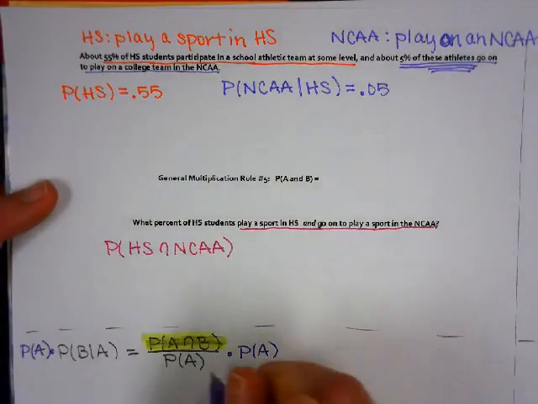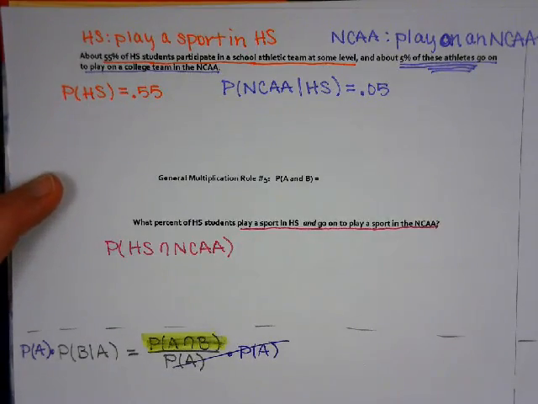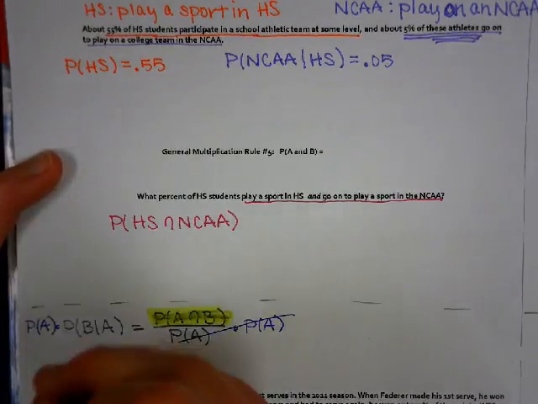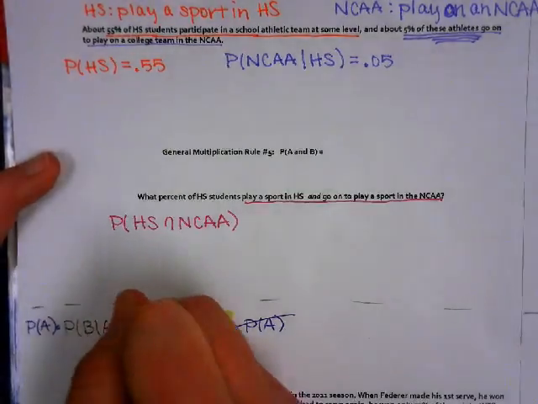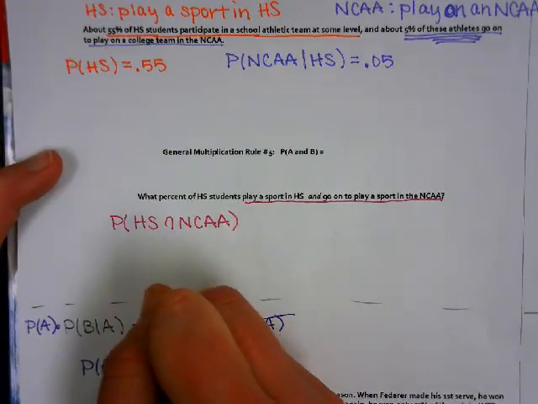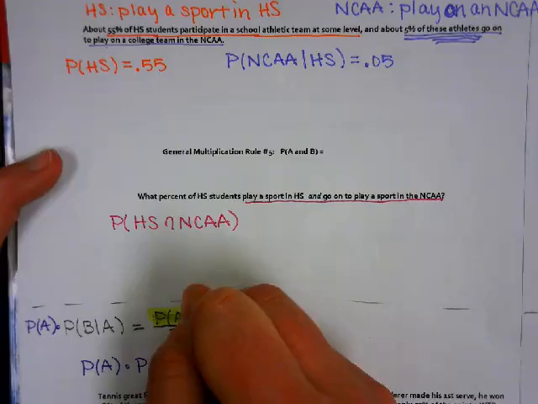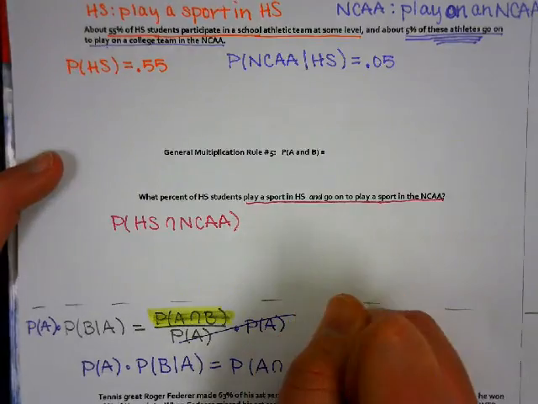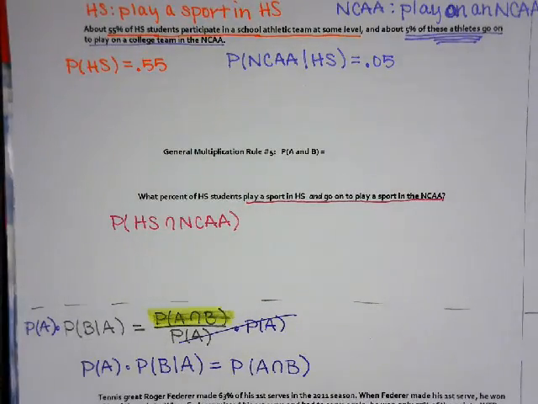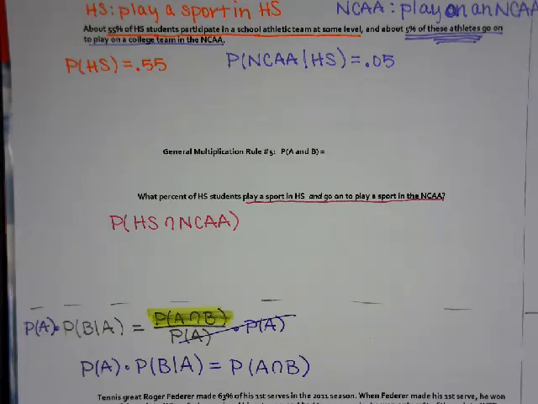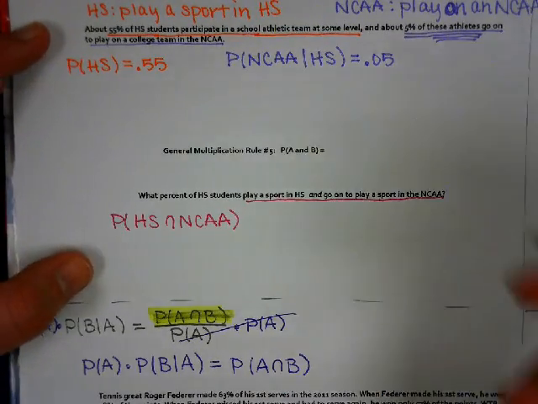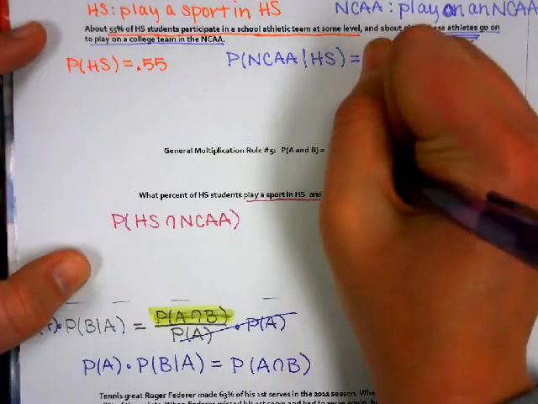And I multiply by the probability of A. Parts cancel out, so the probability of A times the probability of B given A is equal to the probability of A and B. And that is what is known as our general multiplication rule. So if we find the probability of A and B occurring, we can find it by taking the probability of A times the probability of B given A.